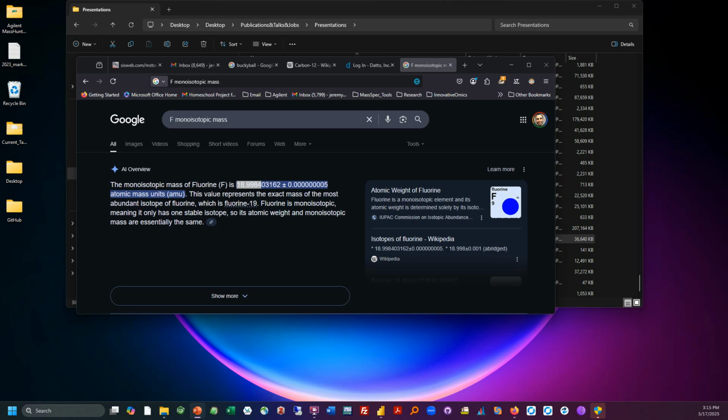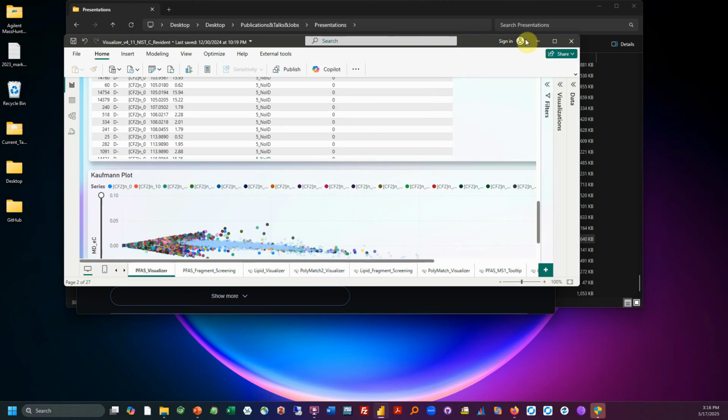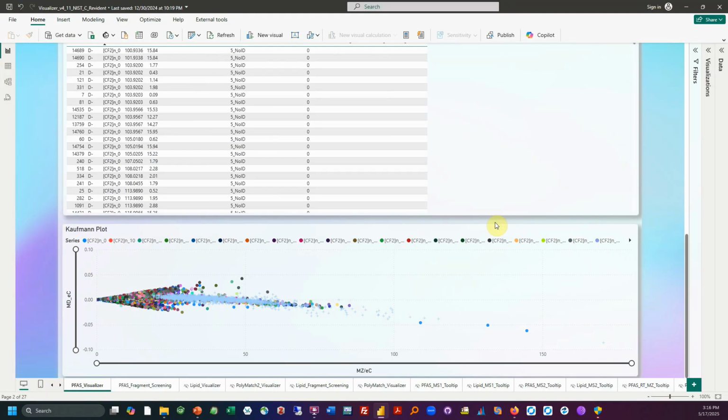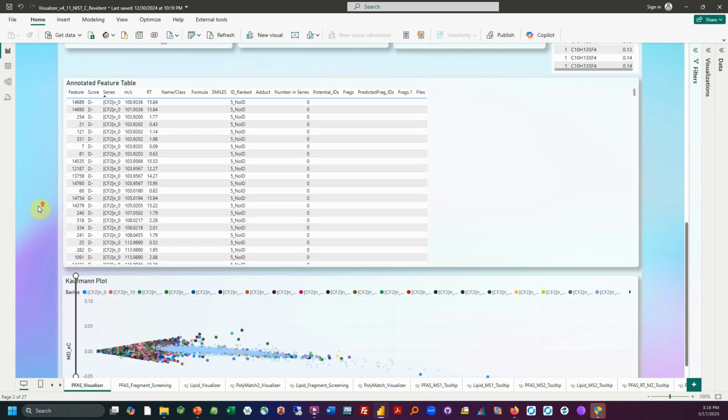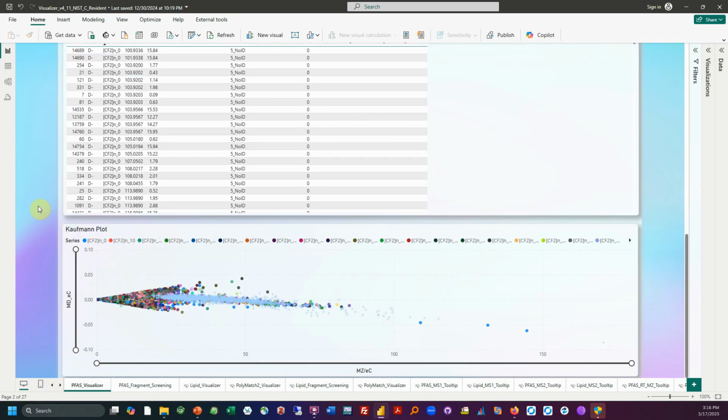Now I'm going to use the visualizer. So this is part of the FluoroMatch software, but you can do Kaufmann analysis in other software as well. And here you can see the FluoroMatch visualizer does come with a Kaufmann plot.